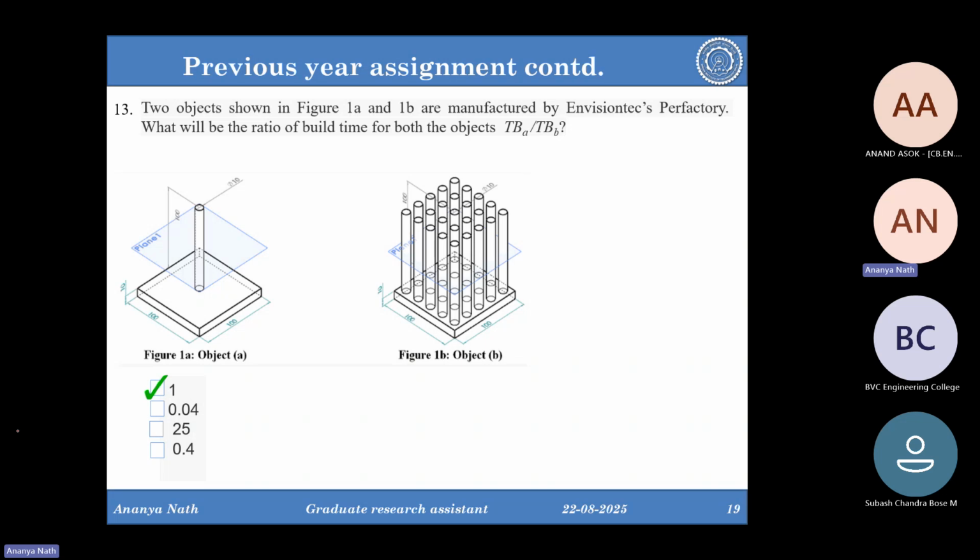So the time will be the same whether you are printing 1 or 1,000. The time only depends on the height of the object, not the number of objects. It doesn't depend on the surface area of the object, rather it depends on the height of the object to be manufactured.